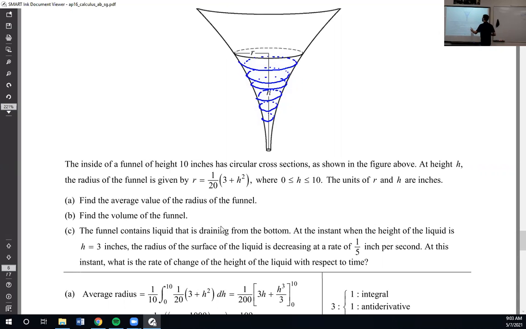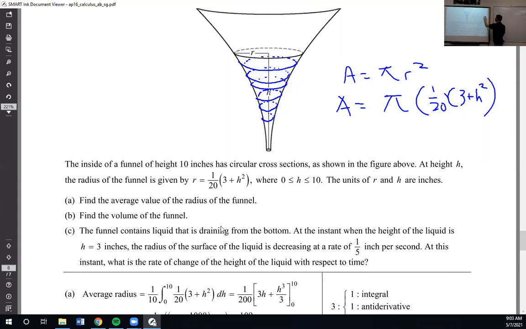So first of all, to find the area of that circle, area of the circle is pi r squared. And we know what r is. R is 1/20th times 3 plus h squared. So that is our area of this circle in terms of the height.